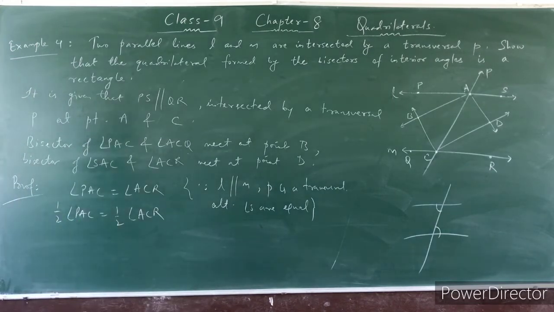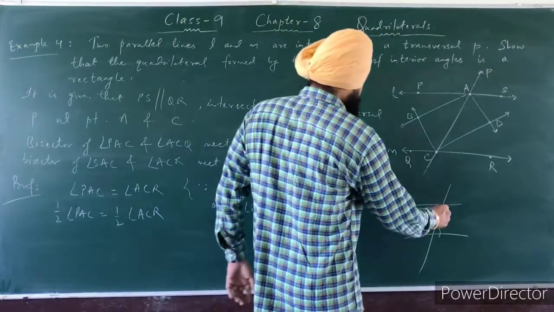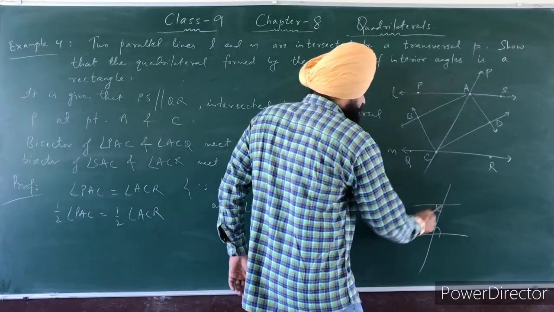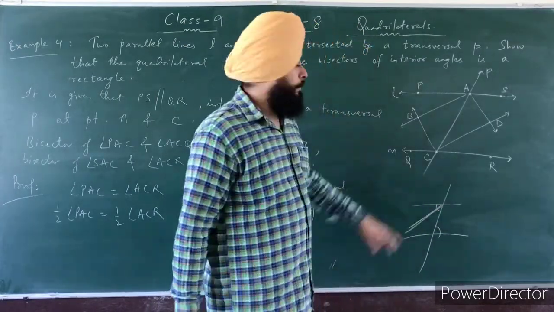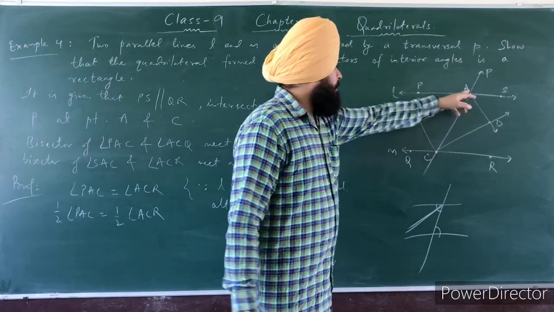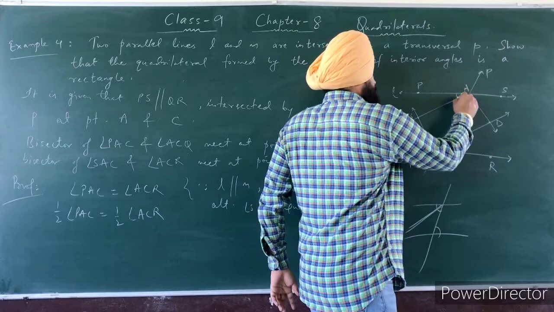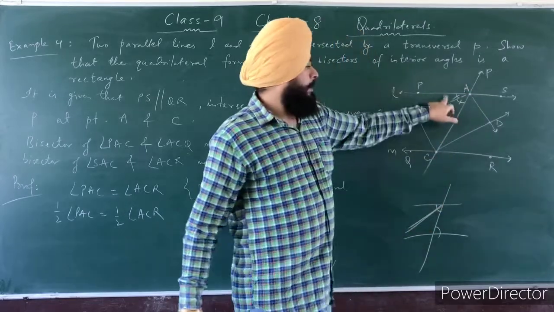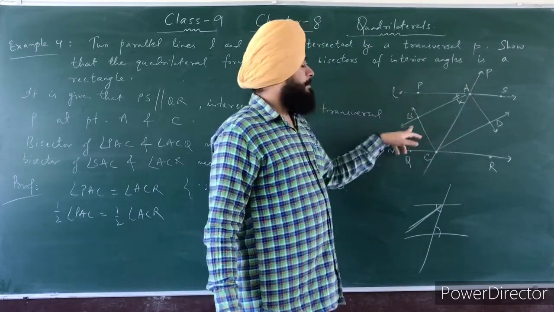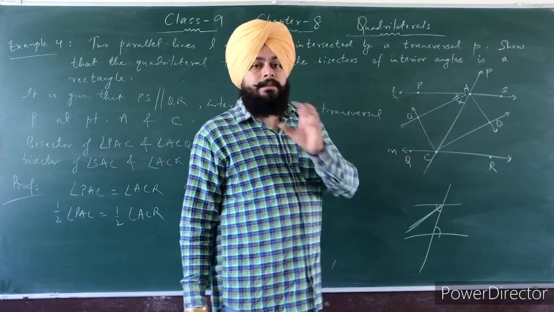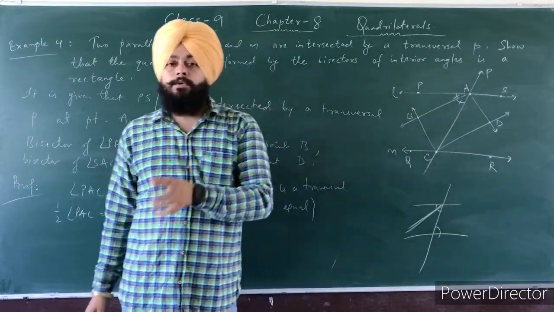Half of angle PAC. This is the bisector. So what is half of angle PAC? If AB is the bisector of angle PAC, then what? They are equal because AB is the bisector. Bisector means divide it into two equal parts.